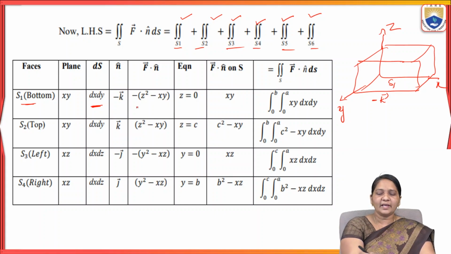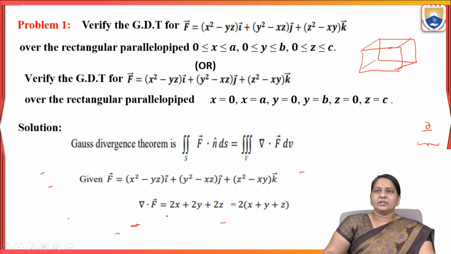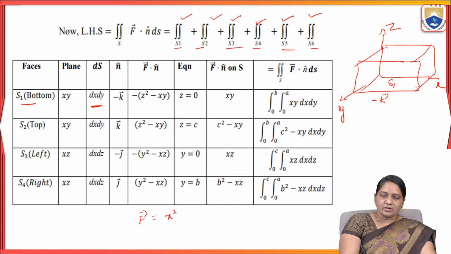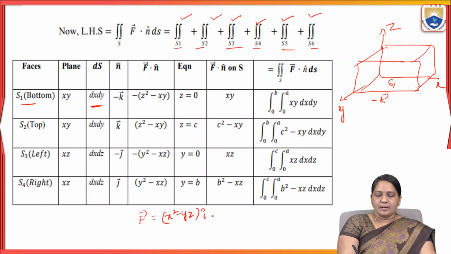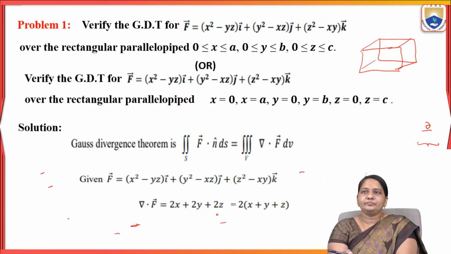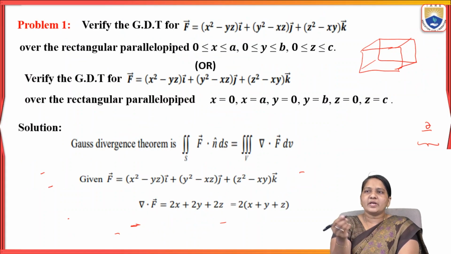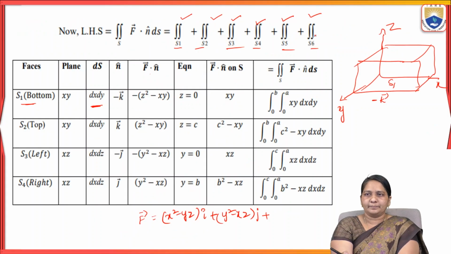Then here F dot n value is minus (z square minus xy). According to F in the problem, they gave (x square minus yz) into i plus (y square minus xz) into j plus (z square minus xy) into k.